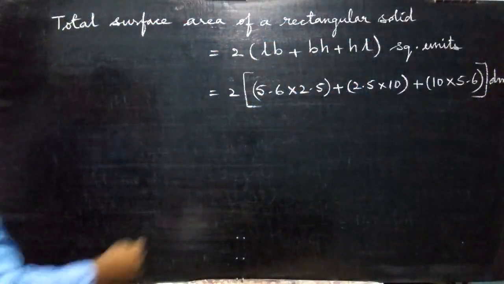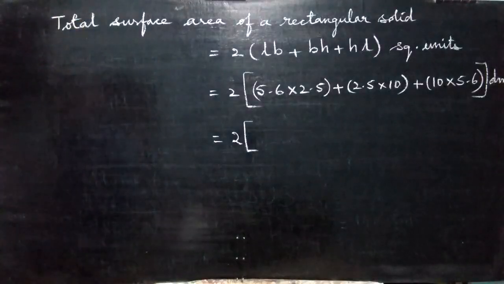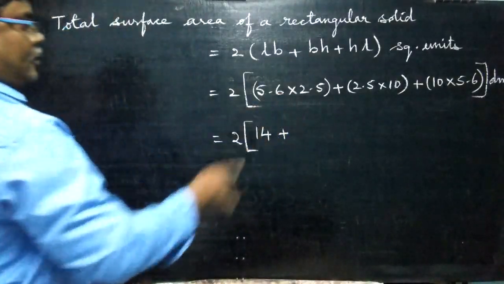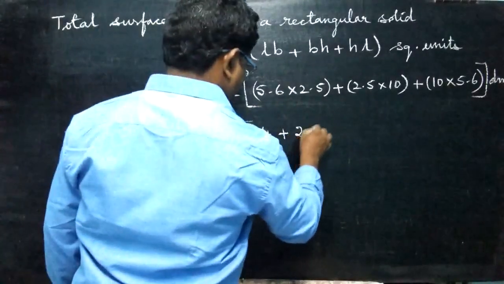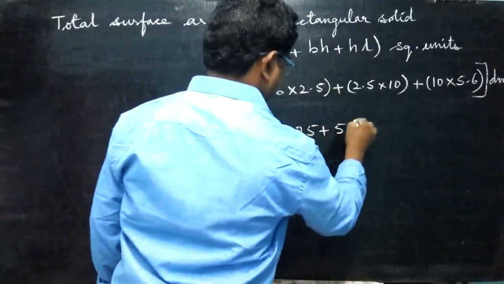That is equal to 2 into (5.6 into 2.5 is 14, plus 2.5 into 10 is 25, plus 10 into 5.6 is 56).